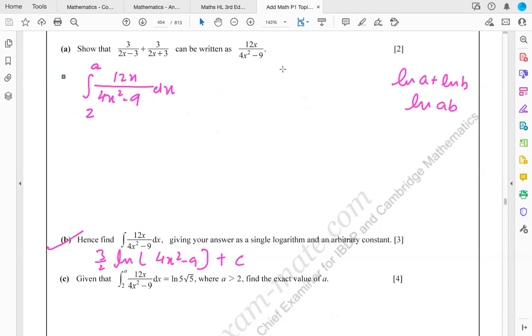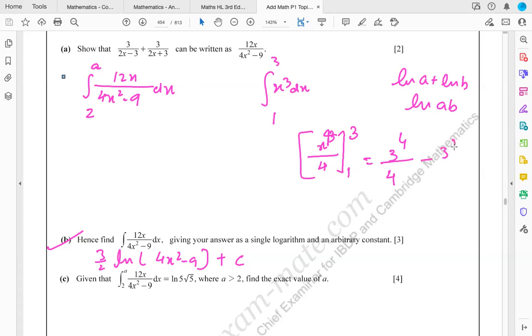Suppose I'm integrating the function x cubed with the limit 1 to 3. I integrate it, it will be x to the power 4 over 4, and then put the limits 1 and 3 here. So it'll be 3 to the power 4 upon 4 minus 1 to the power 4 upon 4, which is 81 upon 4 minus 1 upon 4.